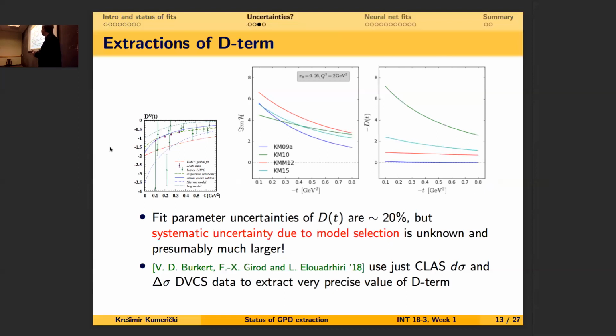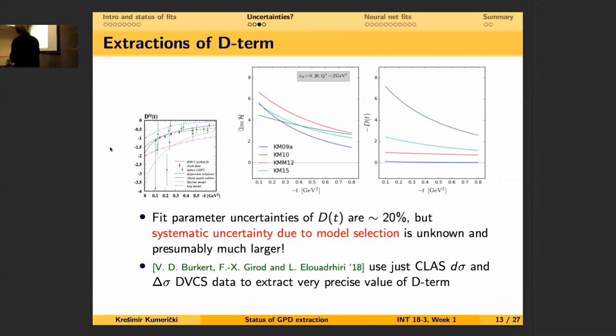So in some sense, we thought that this is mostly a measurement of the systematic error coming from not good knowledge of the model, right? If you just propagate the experimental error to these fits, you'll get an error of about 20%. But there is a systematic uncertainty due to the model selection. It's presumably quite a bit larger. It's of the order of how much these curves are spread.